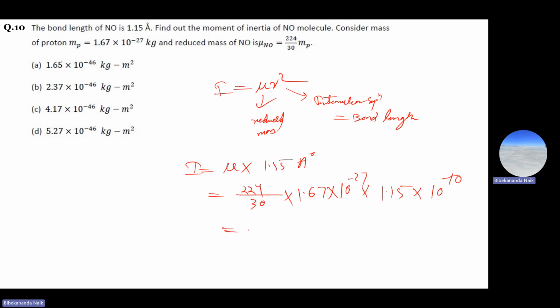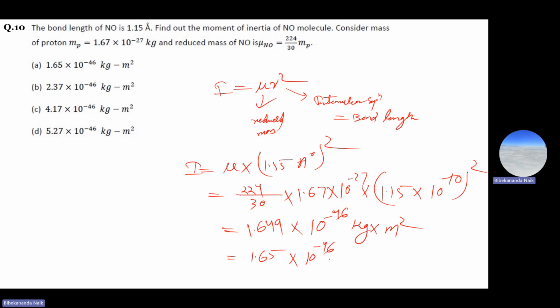So if you calculate it, you can easily get the value of moment of inertia as 1.649 × 10⁻⁴⁶ kg meter square, or it can be approximated as 1.65 × 10⁻⁴⁶ kg meter square.